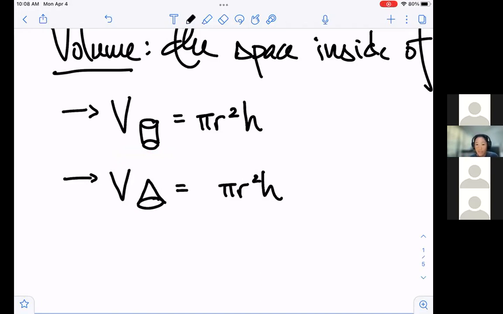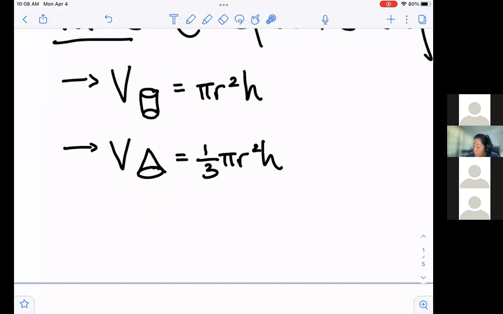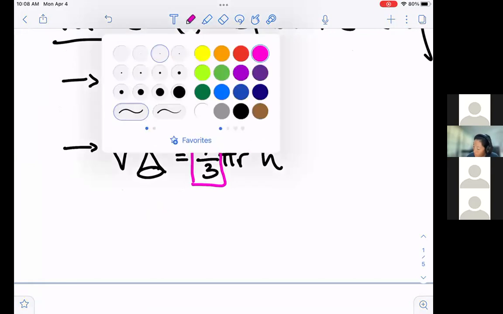That part is just like the cylinder, but 3 cones can fit inside of one cylinder. That's why we have a 1/3 in front: if we filled 3 cones with sand and poured them into the cylinder, we would fill that space exactly. So very similar, but the cone, the pointy one, has the 1/3.